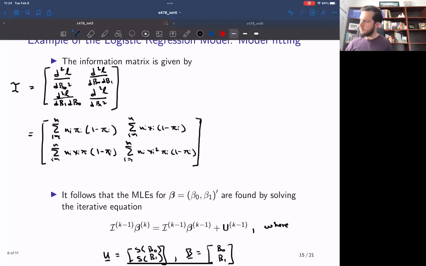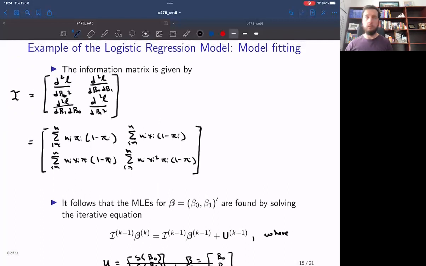The off diagonals, they should be, there's a missing pi.